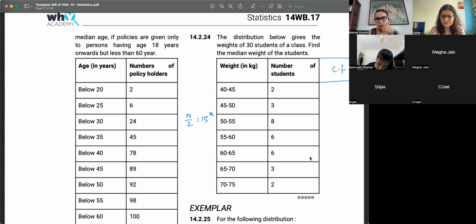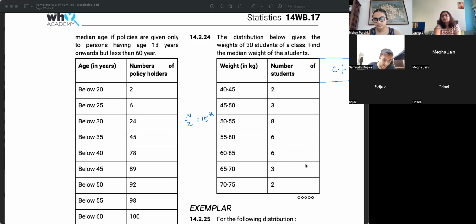Oh, very close. Like you guys differed in decimal points. So there must be some round off error. Let's see. Srijak also got it. Okay. Srijak and Mark got the same thing.